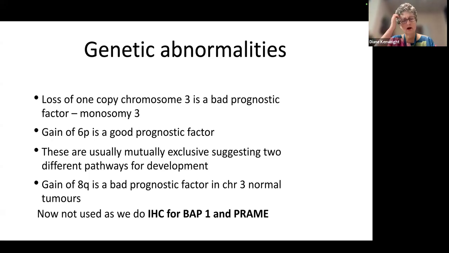We also know that if it is a 6p tumor, and there's also an 8q, this is a bad feature, but these aren't what we do these days. We now just do IHC for BAP1 and PRAME.